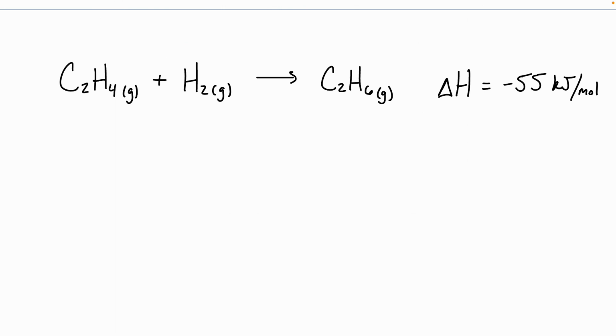All right, so this reaction does occur spontaneously, but nowhere near to the degree that that value of delta H predicts. That's a huge number for delta H, and it turns out that this reaction is not quite that favorable.